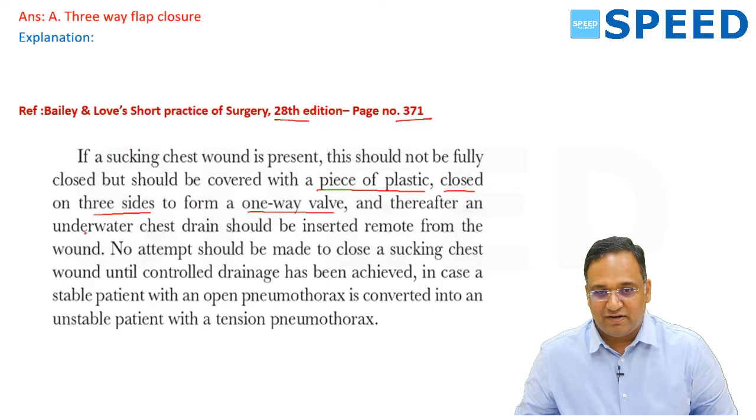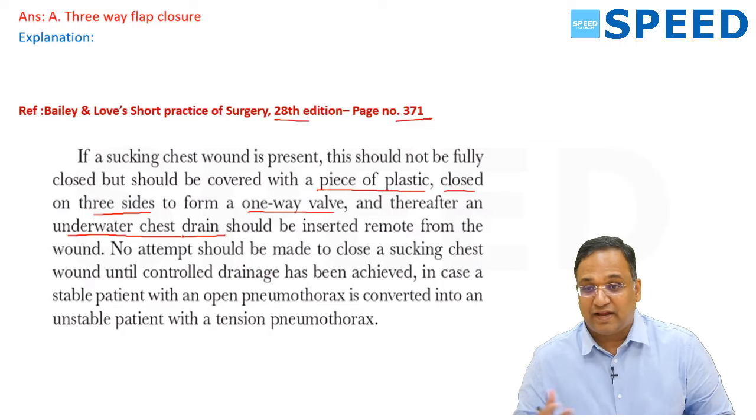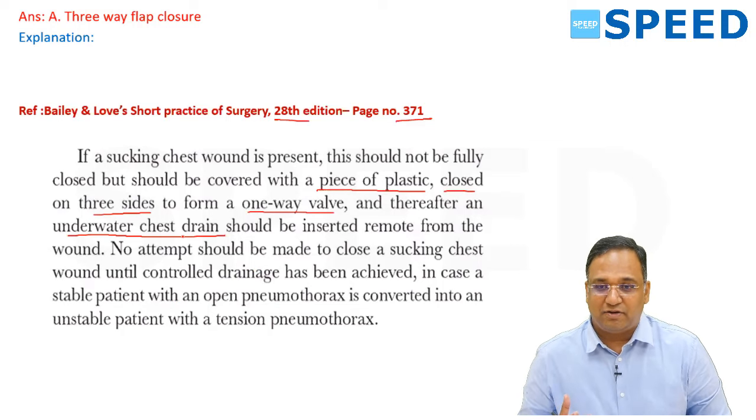Thereafter, an underwater chest drain should be inserted remote from the wound. No attempt should be made to close the sucking chest wound until controlled drainage has been achieved, otherwise a stable patient with an open pneumothorax is converted into an unstable patient with a tension pneumothorax. It is because the sucking wound can accumulate more atmospheric air and can create a tension pneumothorax.